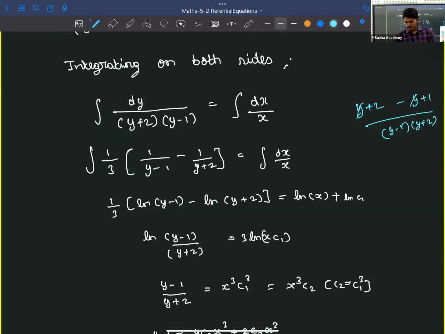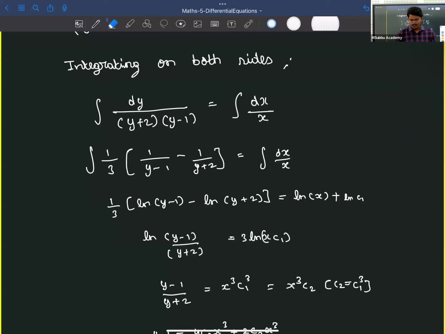So this y gets cancelled. 2 minus 1, sorry, here 2 plus 1 will be 3. So here you will get 3. So when you multiply by 1 by 3, you can just split this term as 1 by y minus 1 minus 1 by y plus 2. So that is what we have got here. So by partial fractions, we are just splitting the equation.